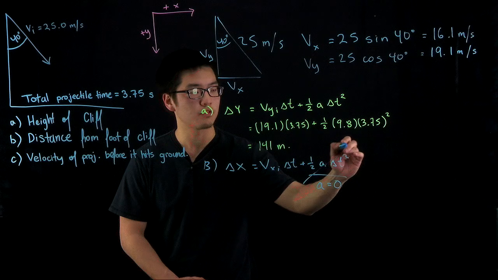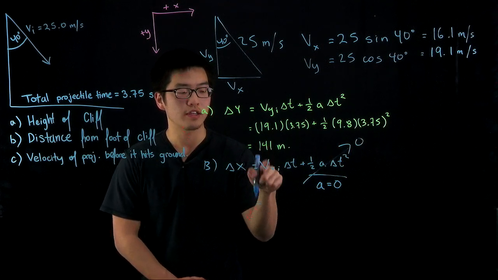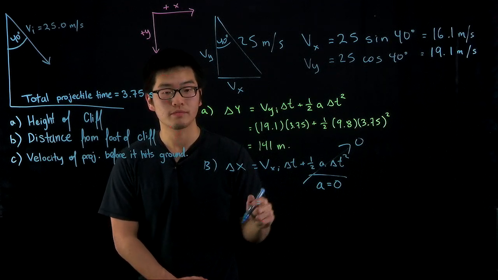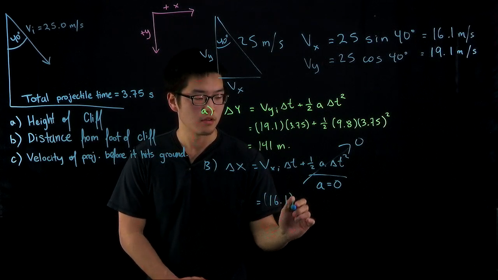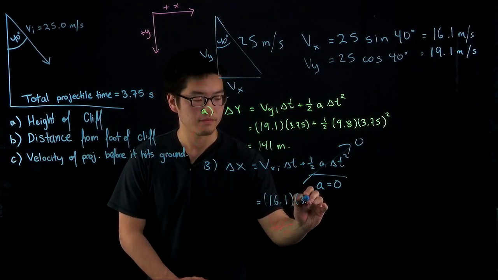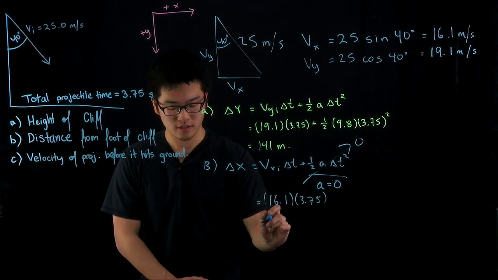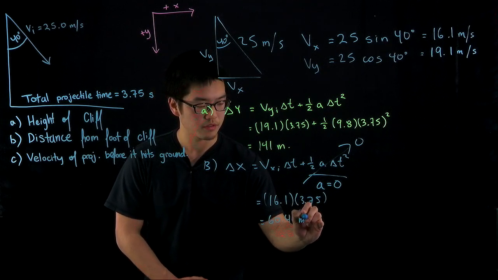Therefore, this entire term will be null, and our delta x will just be reliant on the velocity in the x direction and the total projectile time. Therefore, it will be 16.1 meters per second multiplied by 3.75. And our total answer will be just 60.4 meters.